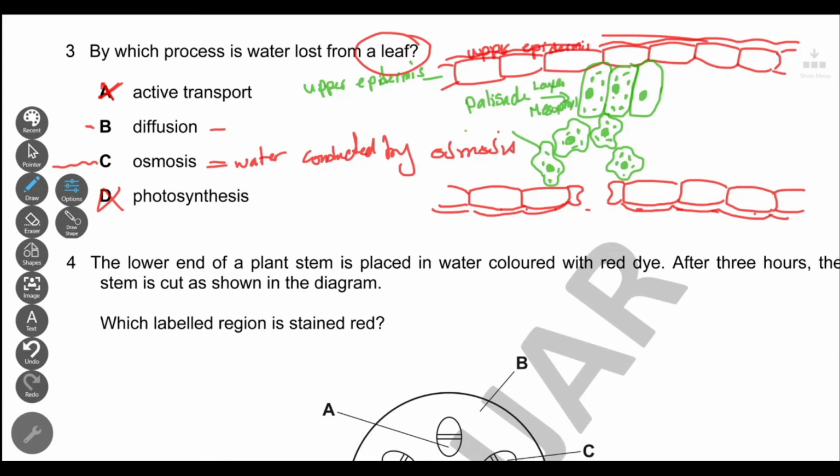And here we have the spongy mesophyll, spongy layer. Both are the same. Both the palisade and spongy together make the mesophyll layer, or the middle. Meso means middle. Mesophyll layer. Meso means middle.